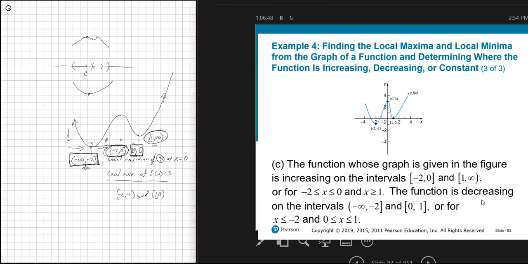Again, using the incorrect symbols. Saying x is greater than or equal to 1 is the inequality for this interval. It starts at 1 and keeps getting bigger.